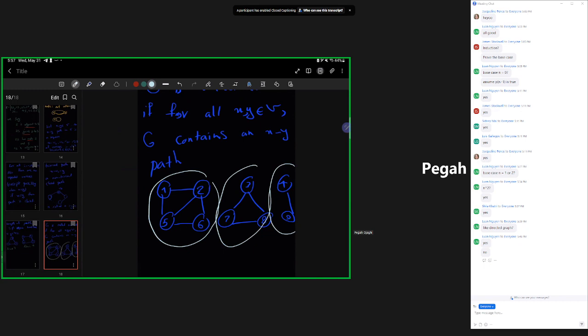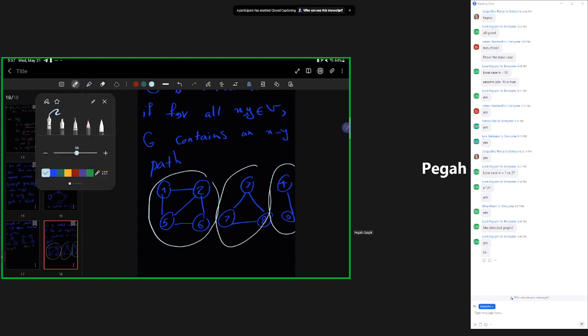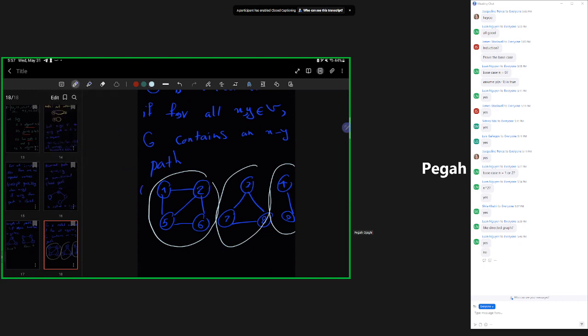So this G is the overall graph. The overall G goes from 1 to 9, but you can see it is not connected. So this graph is not connected. That's one of the other definitions.